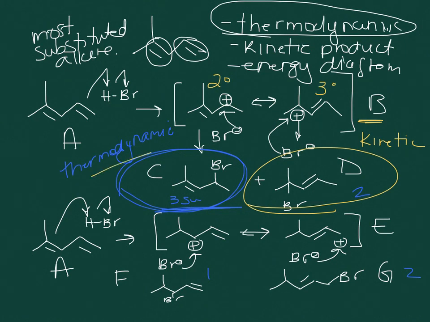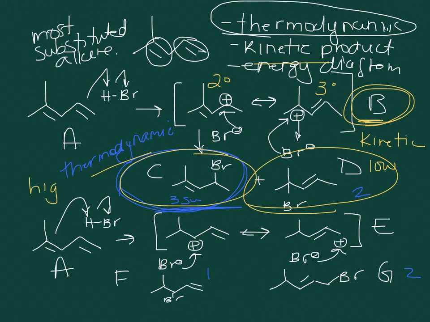Right, so the thermodynamic and the kinetic are going to come from the same intermediate. So product D will form the fastest at low temperature, and product C will be favored at high temperature. And I will draw an energy diagram on the next slide to show you what this looks like.